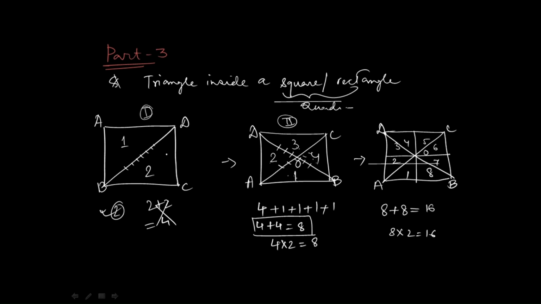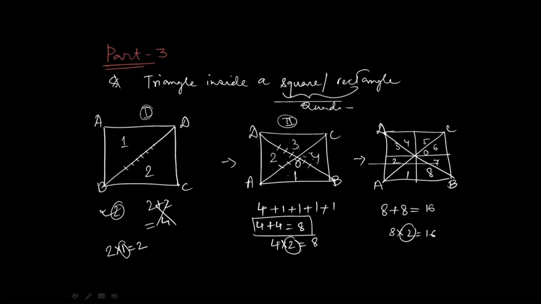So based on the diagonals you have to count this. If there is one diagonal, then you don't have to multiply with 2. You have to multiply it with 1. This is 2. Clear? But if there are 2 diagonals, then you have to multiply it with 2.